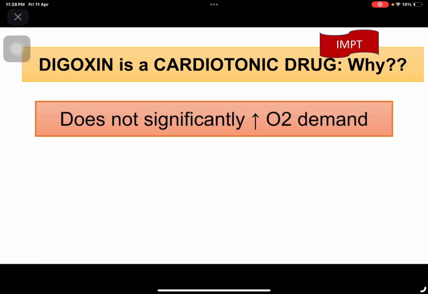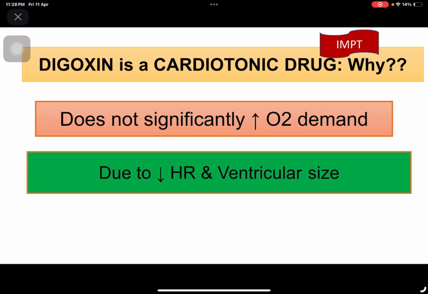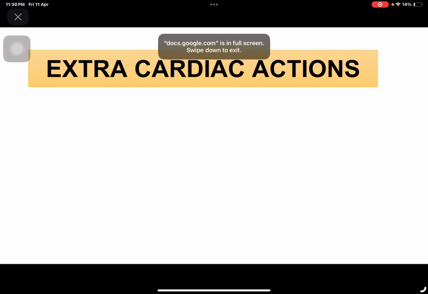It does not significantly increase the oxygen demand, but due to the decreased heart rate and ventricular size, it improves the ventricular performance without increasing the oxygen demand. So, coming to the extra cardiac actions.